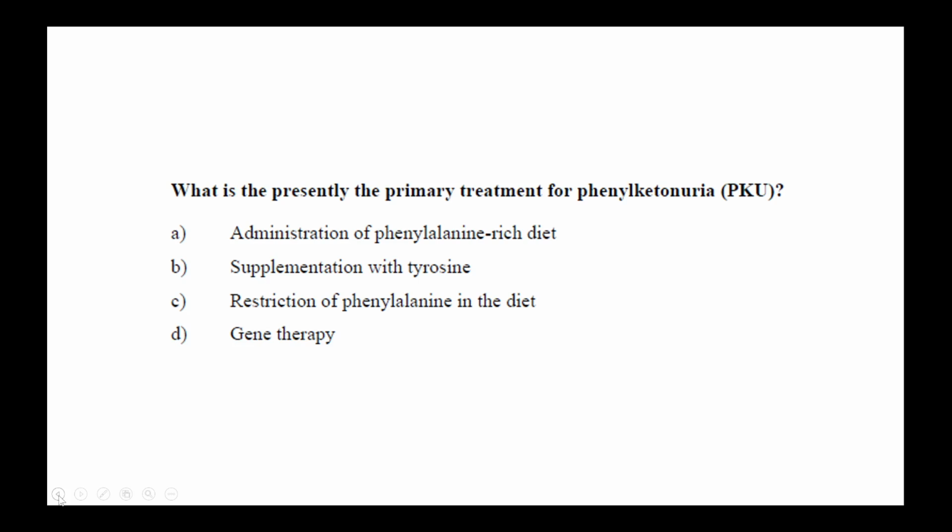Those compounds are secreted in urine and sweat, and that gives the odor. Phenylalanine does not give any odor, but the metabolites converted from phenylalanine do.